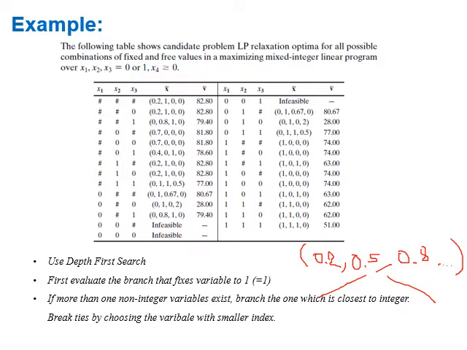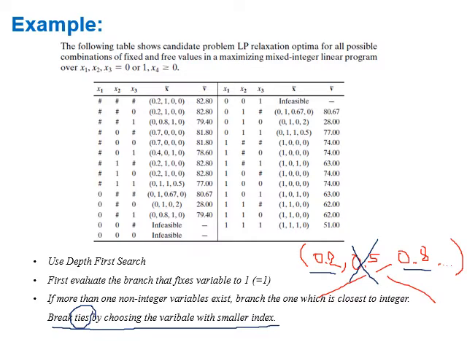Now we know that according to this rule, we will not select x2 because it's not close to an integer. But we need to select either x1 or x3 because both of them have the same distance to an integer value. The second part of the rule says to break ties by choosing the variable with the smaller index. Tie means equality cases.